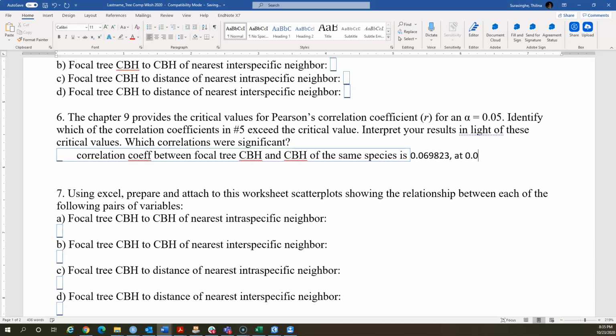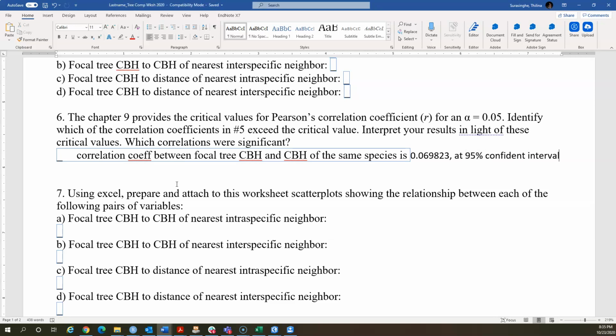At 0.05, you can say actually 0.05 is 95% confidence interval. At 95% confidence interval, right, and you know this how? Well, 0.05 is 5%, right? 100 minus 5 is 95%.